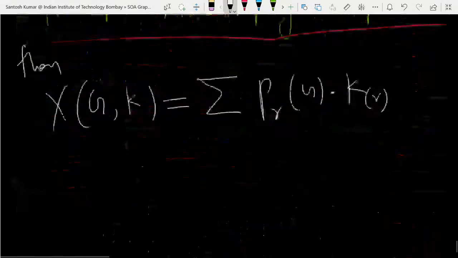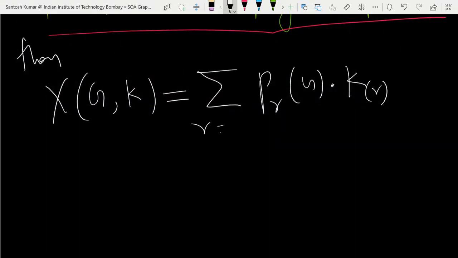So KR, and R will start with 1 and it will vary till the number of vertices in the graph.